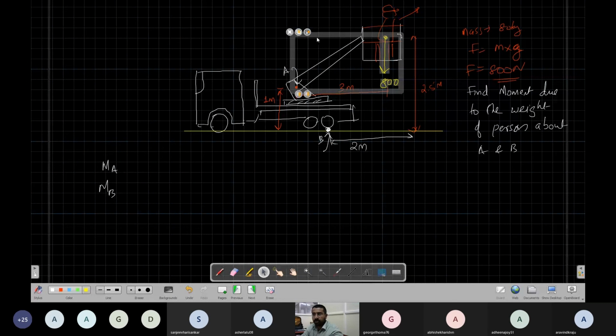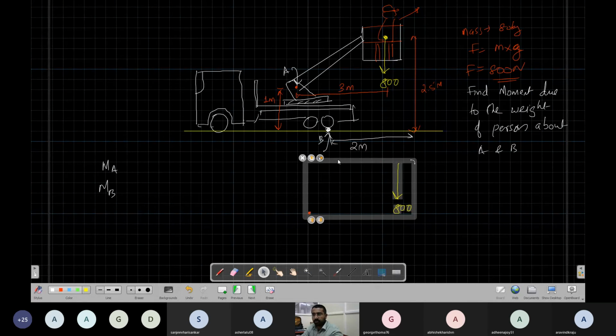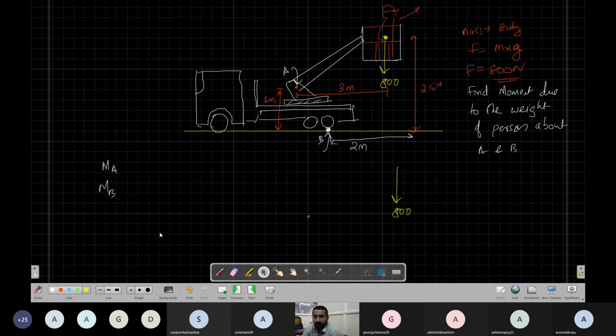Now I'll draw the horizontal line. So this is my point A. This distance is given as 3 meters.